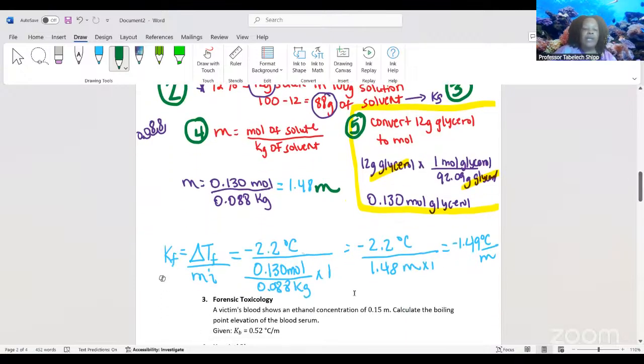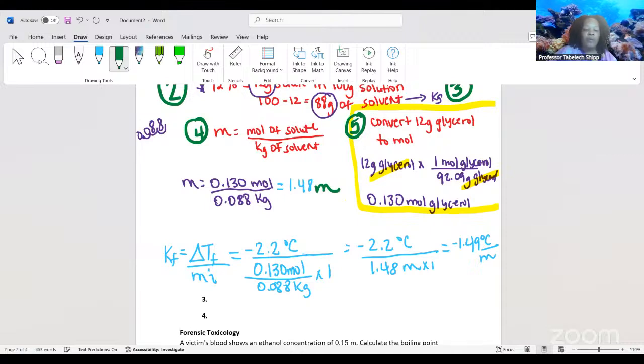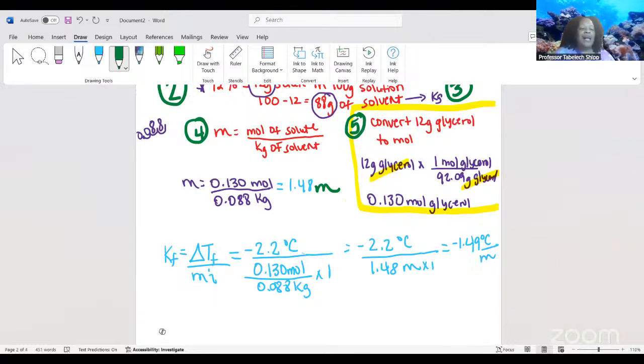And here is step 1's formula, so that you all can see that right there. You've got K of F equals delta T of F divided by M for molality and the I, the van 't Hoff factor. They gave us negative 2.2 degrees Celsius in our problem, and we calculated the molality in step 4, right up there.